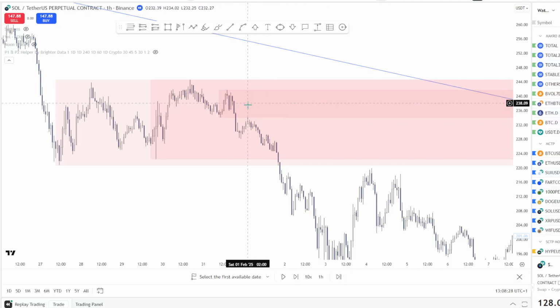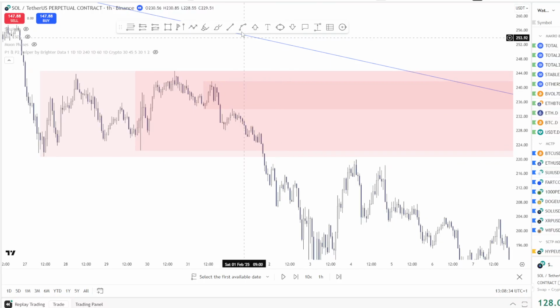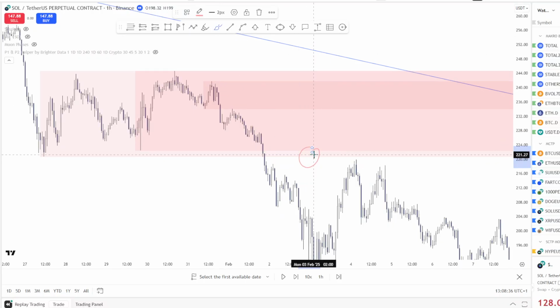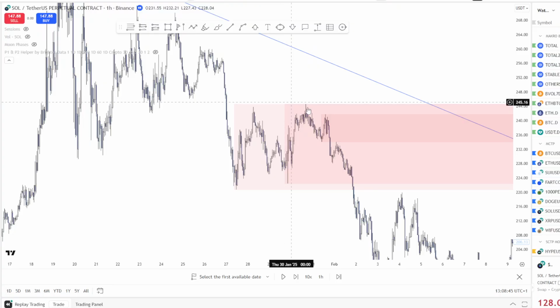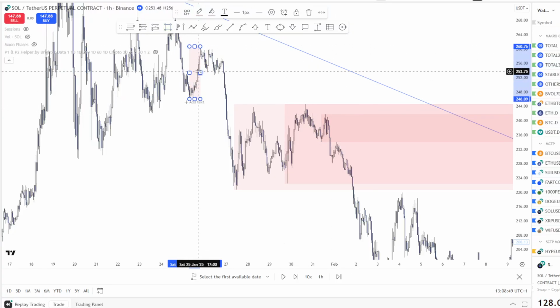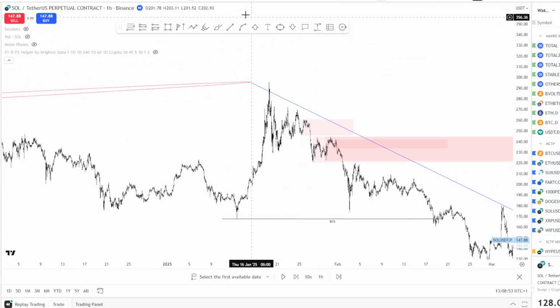Here we got some liquidity, so I would expect that if we don't reject from this lower part, we will reject from up here and take this liquidity. Yeah, and if we don't reject from here, I can see that we have here a nice supply.